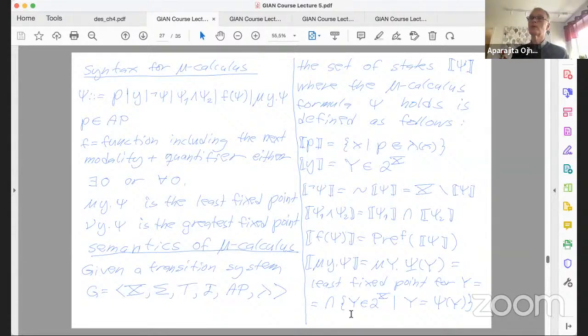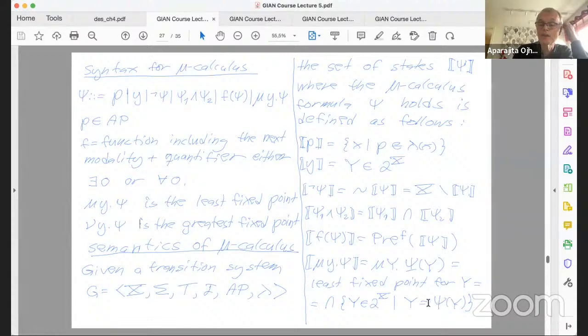Remember that there are a number of sets where this equality can be satisfied, but the least fixed point is the one that we are looking for here, and that means that it must be satisfied for all the sets such that this equality is satisfied.